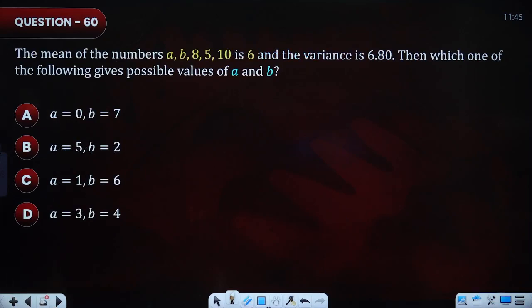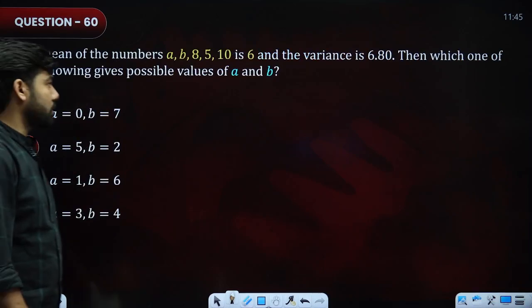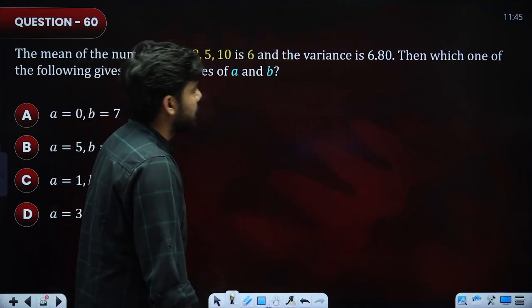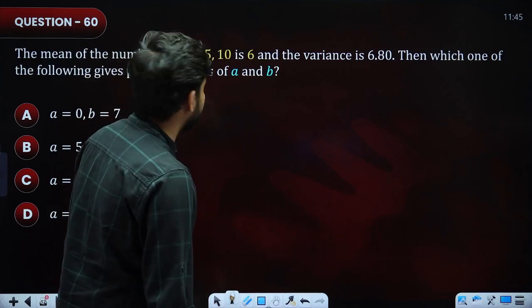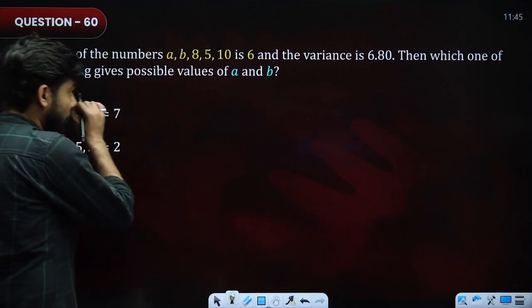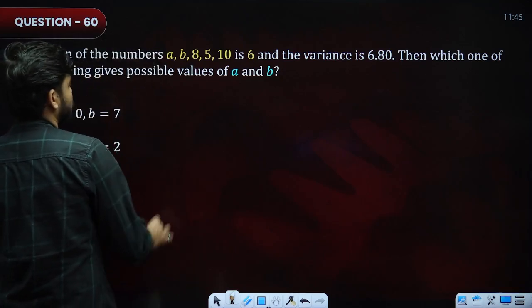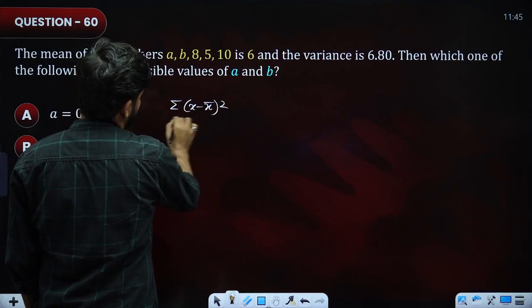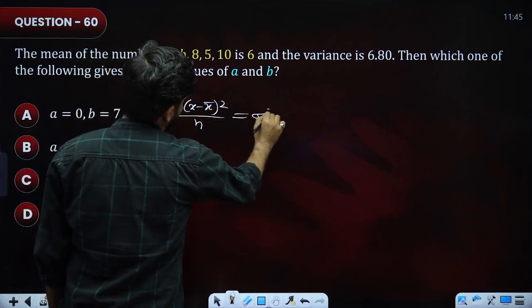In the next question, the mean of the numbers is 6 and the variance is 6.80, then which of the following gives the possible values of A? So as we know that summation of x minus x bar square upon n is equal to variance.